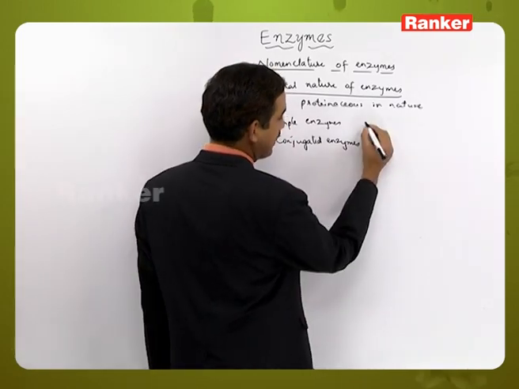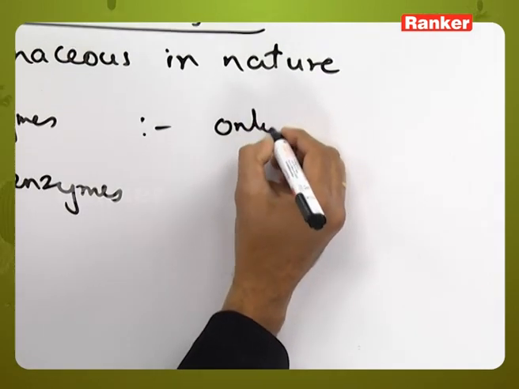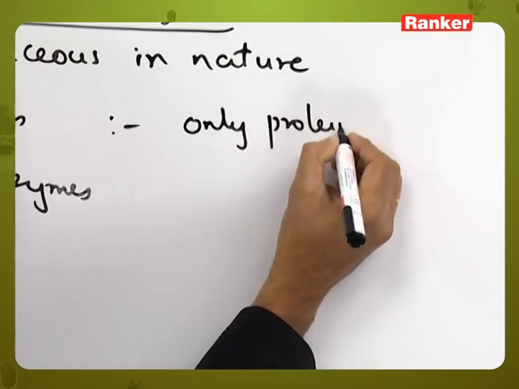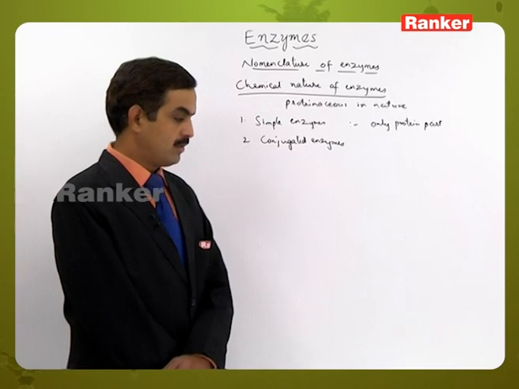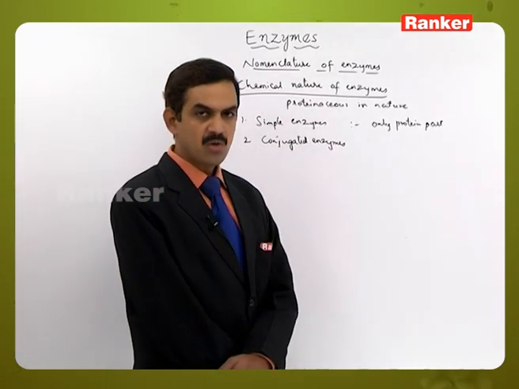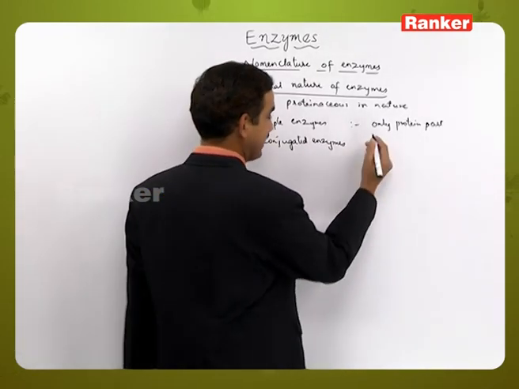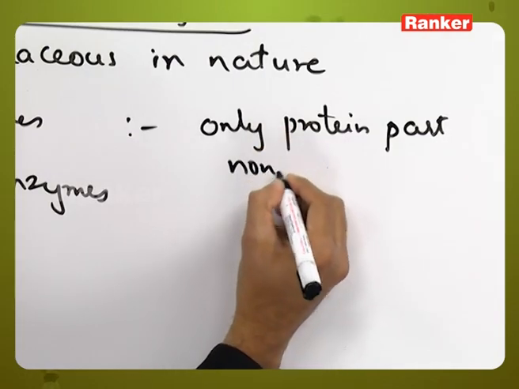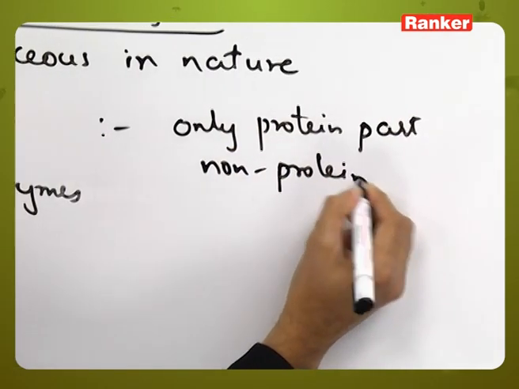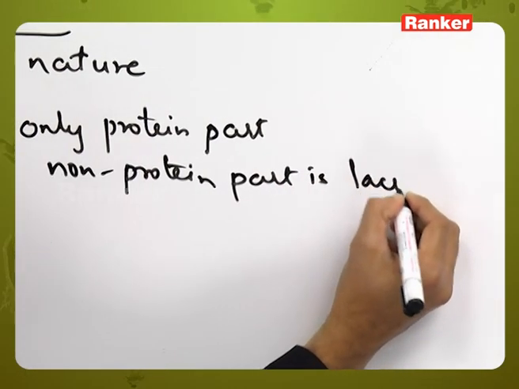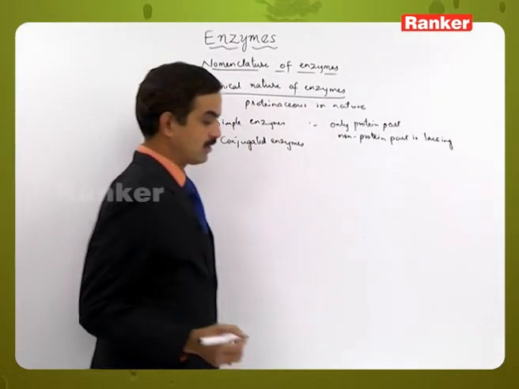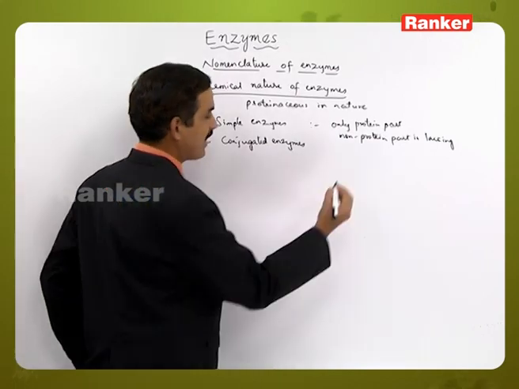Simple enzymes are the ones which contain only the protein part, that means the non-protein part is not present in them. This type of proteins are called simple enzymes.